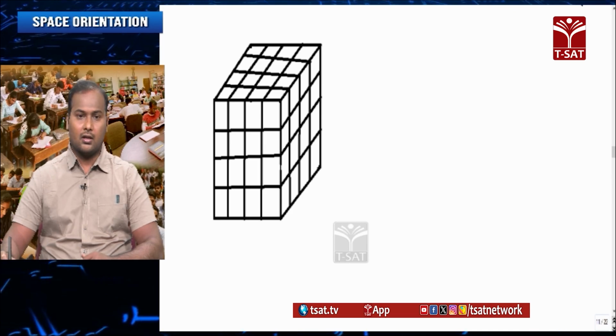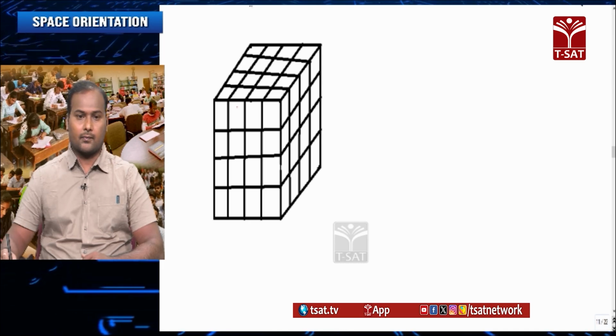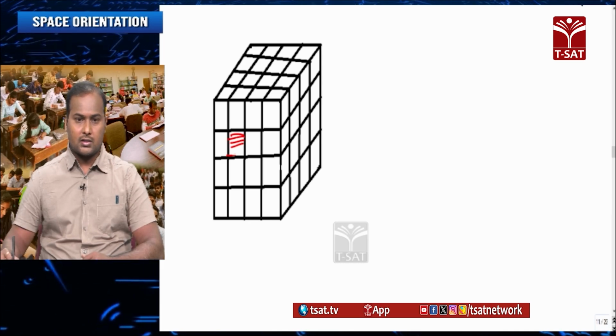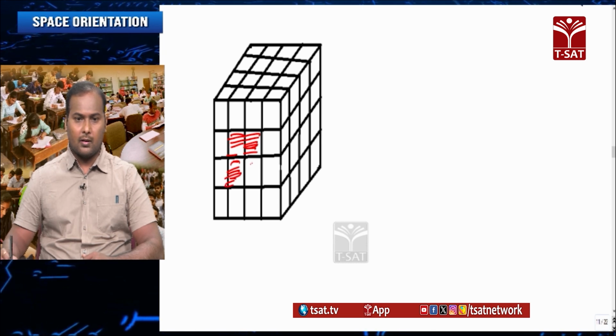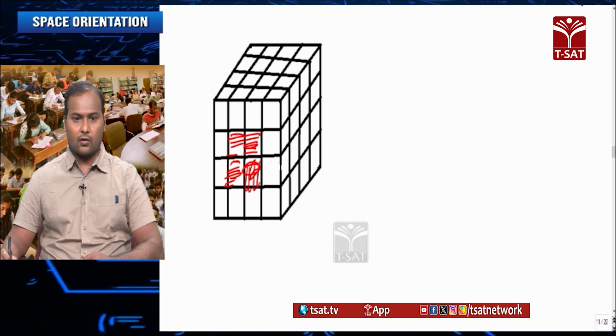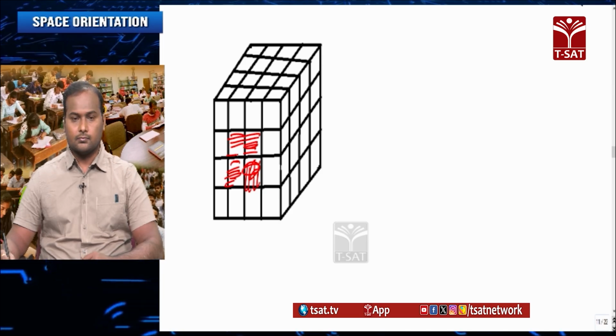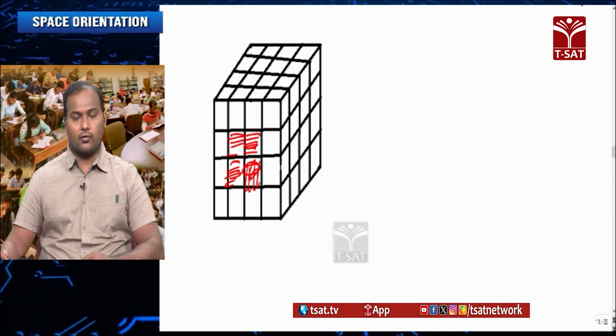The first question, how many small cubes with only one side paint? I already said that one side paint is possible only in the center. See here, this is one side paint, this cube is also one side paint, and this cube is also one side paint. So all these four are present in the center. So per face, how many are there? 4 are there.